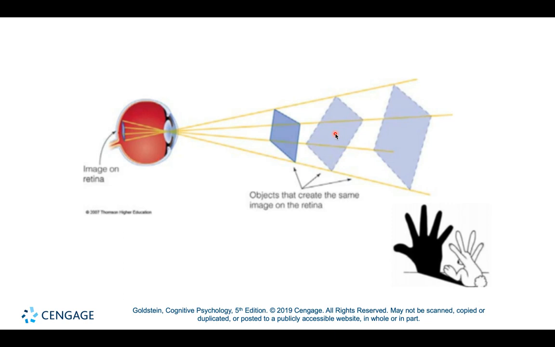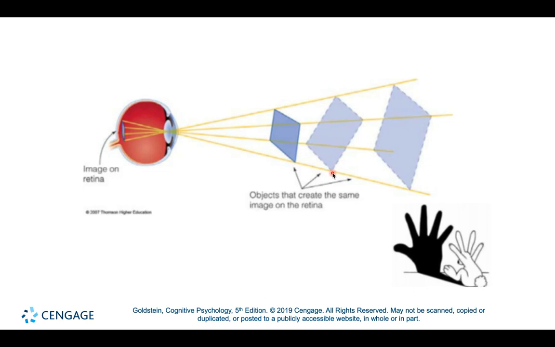If any of you are really into particle physics, we could do the math on this. I'm not going to do the math, but we could do the math on this, that this corner will cast the same piece of reflected light onto your retina as this corner. This corner will cast the same piece of reflected light as this corner.